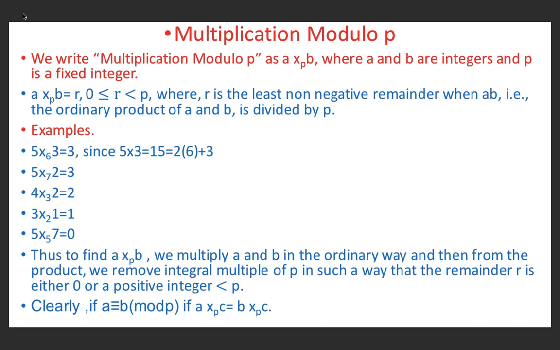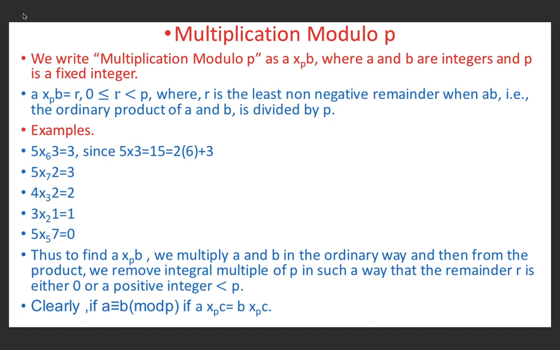So multiplication modulo p of a and b is equal to r, where r is the least non-negative remainder when ab is divided by p. So multiplication modulo 6 of 5 and 3 is 3, because when we multiply 5 and 3, we get 15, and when we divide 15 by 6, the remainder is 3.